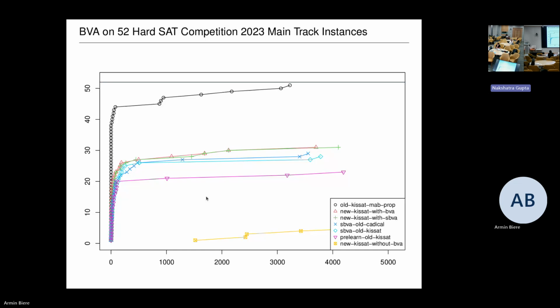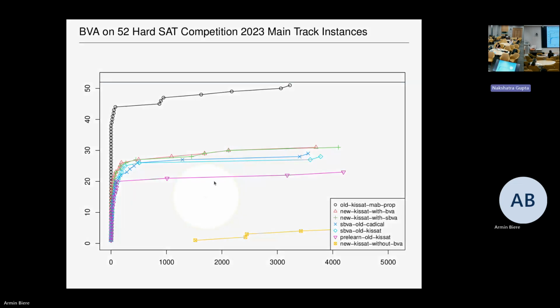So in a certain sense, this is what BVA gives you. Down here, you see my current version of KISSAT with BVA disabled. The old version would have solved just 2 benchmarks here. And these 20 benchmarks are like 30 benchmarks, this red and green here.